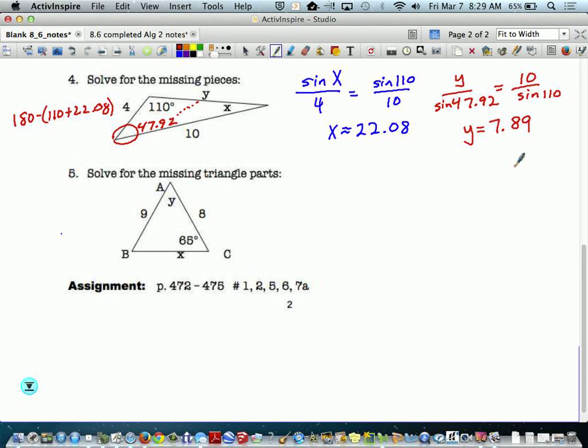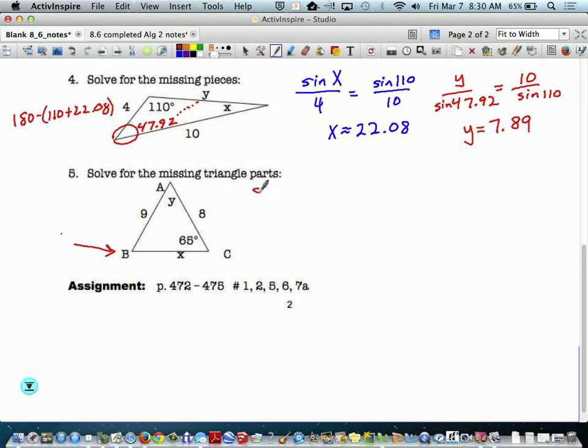Which angle do I have to find first? B. I don't know y's partner. Y is partnered up with x, right? So I can't find y or x first. So I actually have to find angle B first, even though they're not asking for angle B.